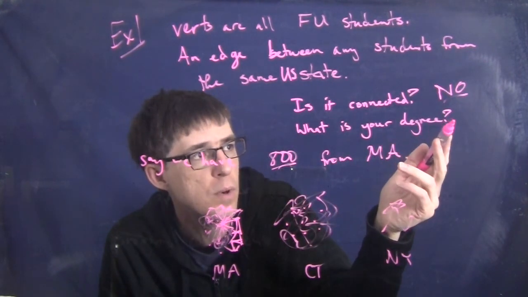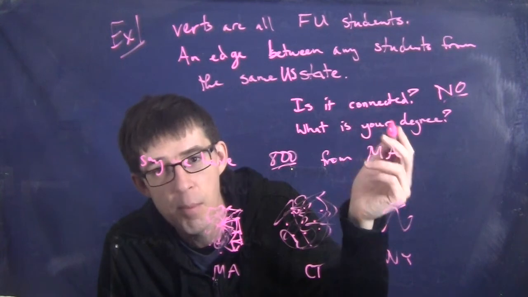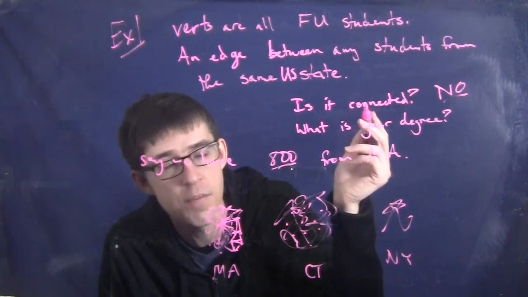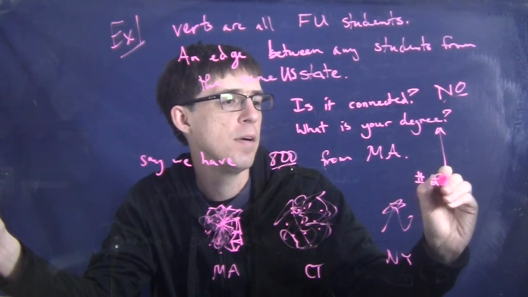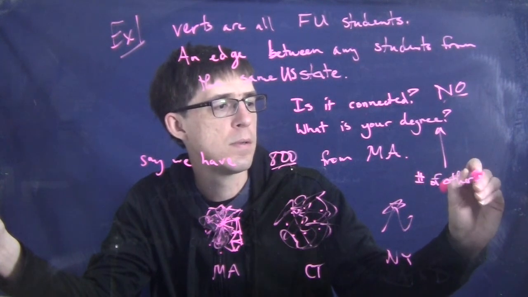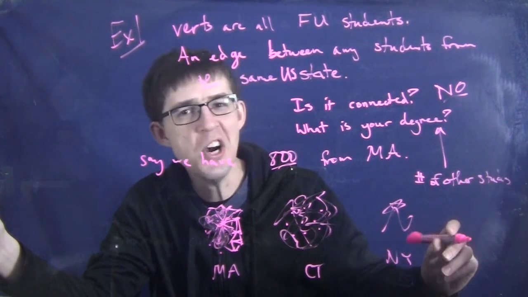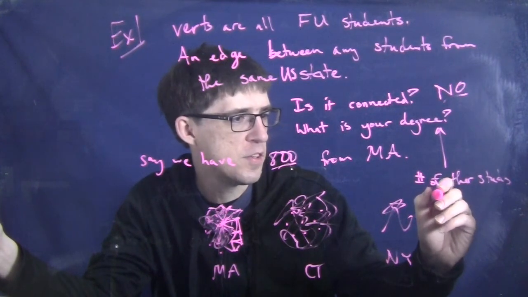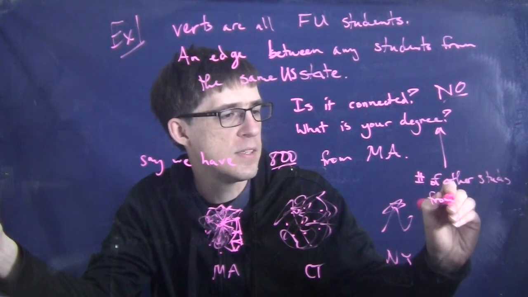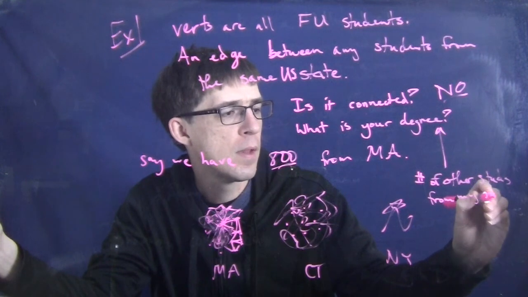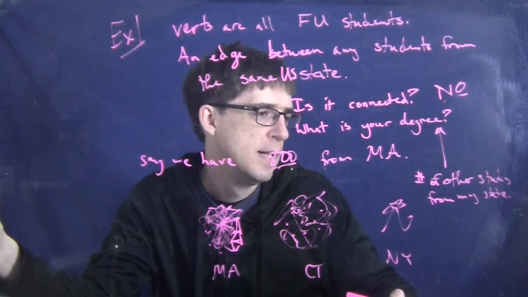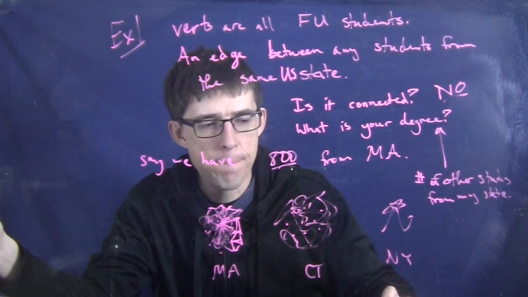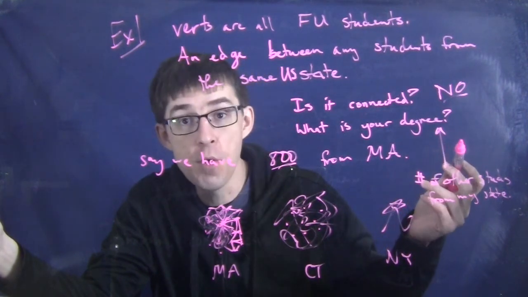Really, whatever the degree is, it is equal to the number of other students from my state. So what is your degree? It is the number of other students from my state. It would be different for different ones of you.